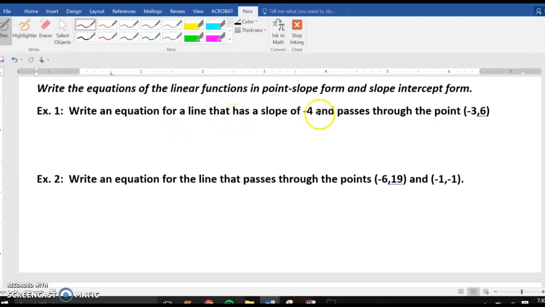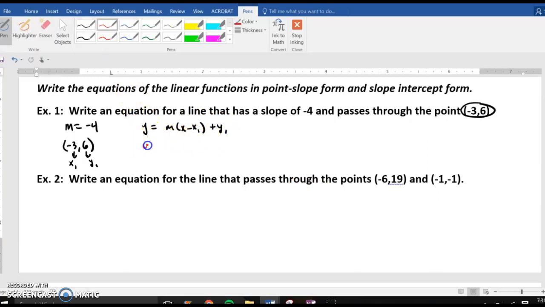Write an equation for the line that has a slope of -4 and passes through the point (-3, 6). Right away, I'm going to write m equals -4 because that's the slope. This here is x1, this here is y1, and we're going to plug all of that into point slope form.